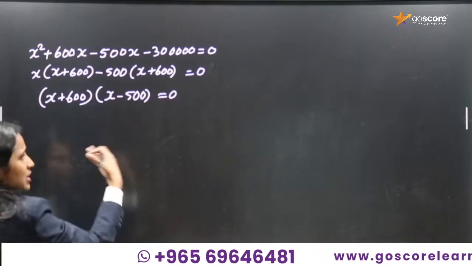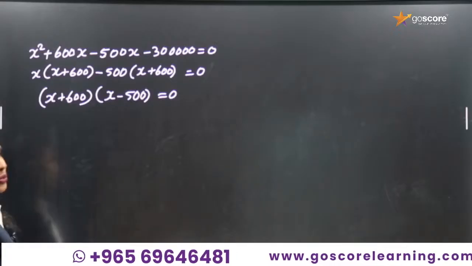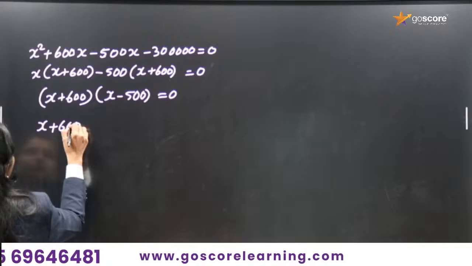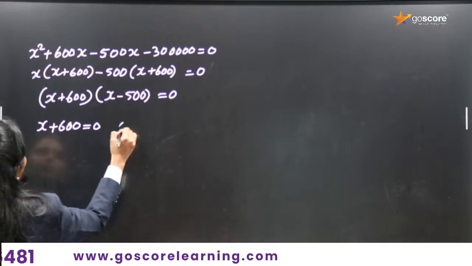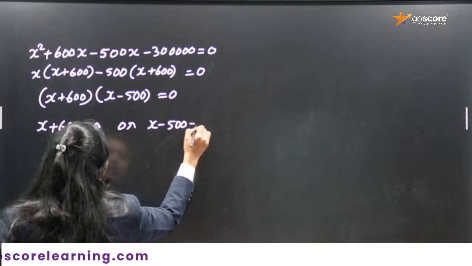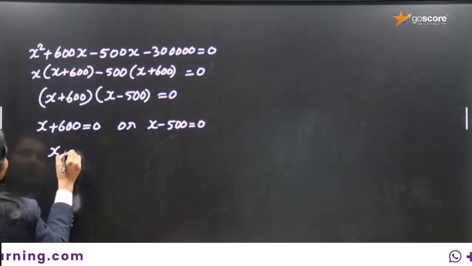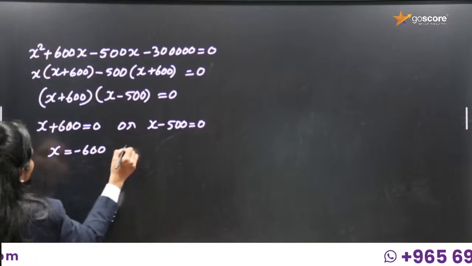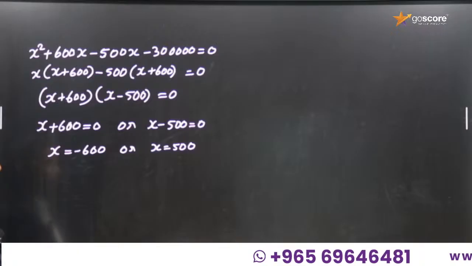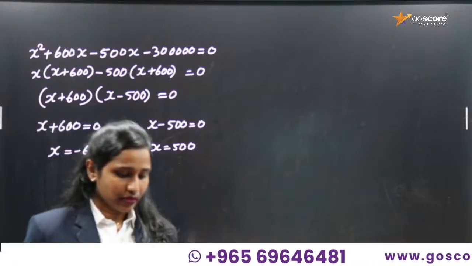So, if the product is 0, then each term can be 0, right? So, x plus 600 equal to 0 or x minus 500 equal to 0. So, x is equal to minus 600 or x equal to 500. Now, which speed we need to take? Which speed?